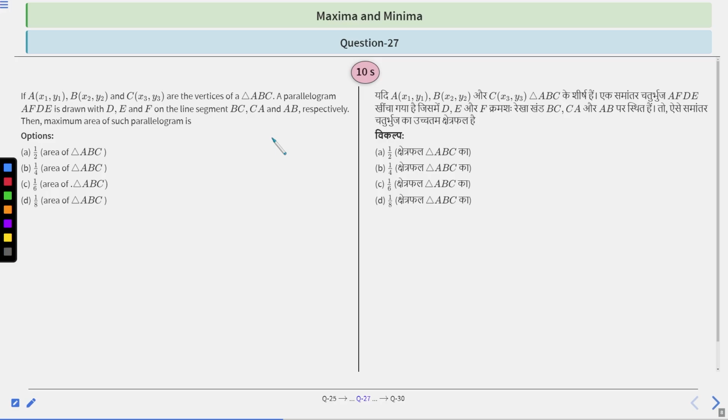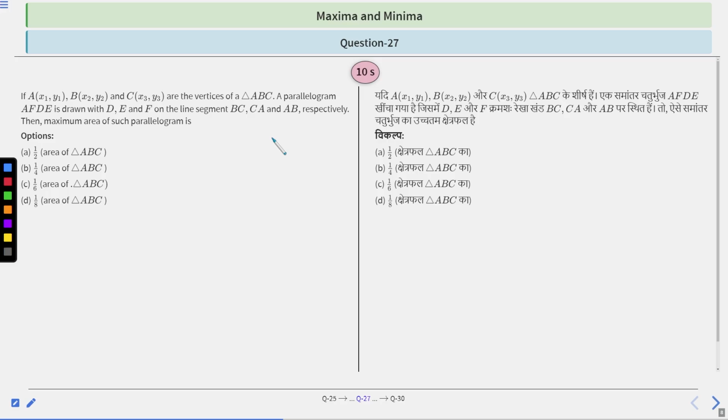So the hint of this question is, we are given three points A, B, and C, which are the vertices of triangle ABC. Now a parallelogram AFDE is drawn with D, E, F on the line segments BC, CA and AB. Clear? So the parallelogram is AFDE, and we have to find the maximum area of such a parallelogram, right?